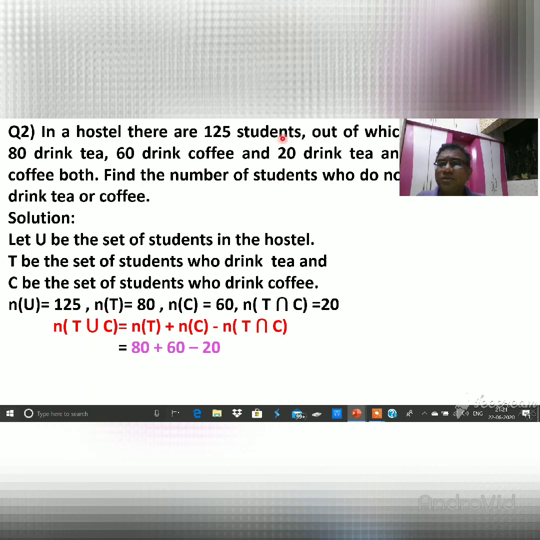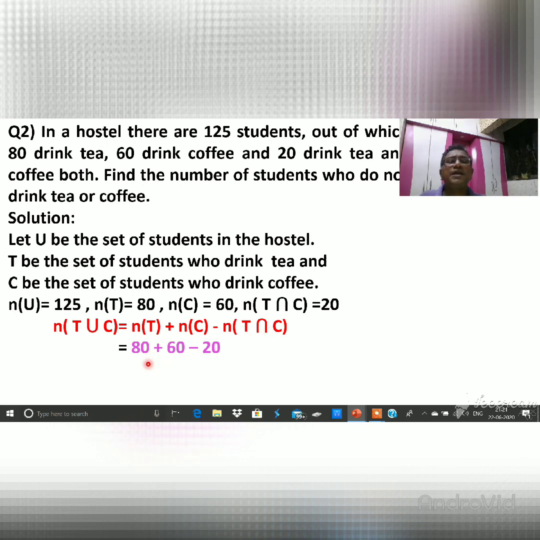Here the number of T is 80, only tea drinkers. Here only coffee drinkers, so 60. And here both drinkers. So understand the difference. Here they are not both drinkers, they are only one, tea or coffee. Is that clear?